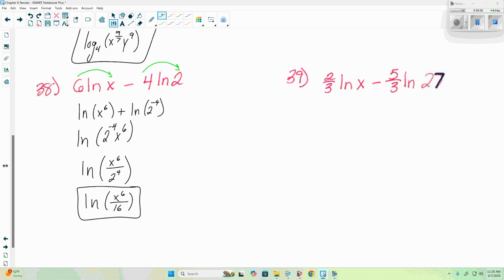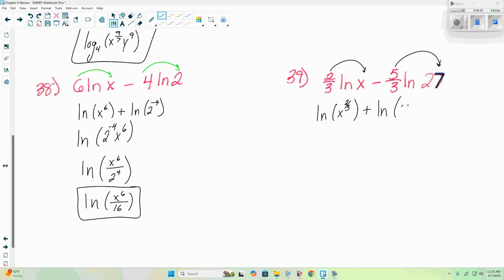We'll go and look at 39 last. Powers first. Powers first. So 2/3 ln of x is going to become ln of x to the 2/3 plus the second one, negative 5/3 ln of 27.